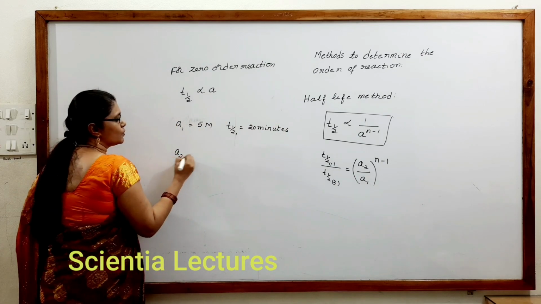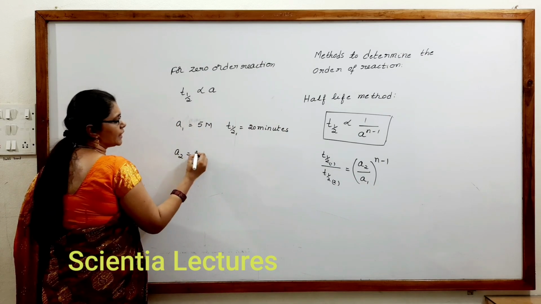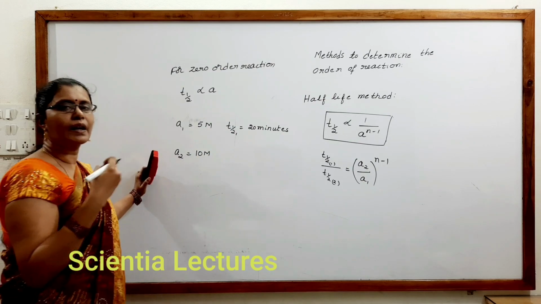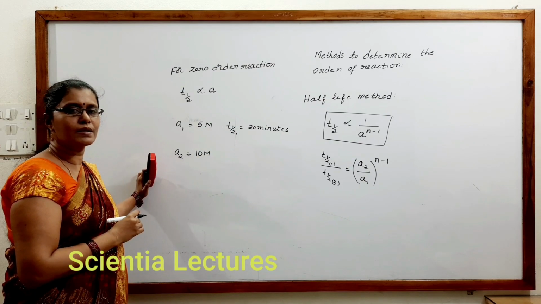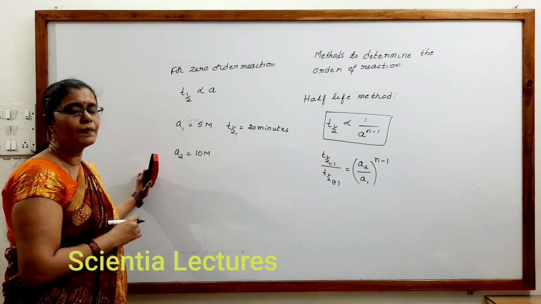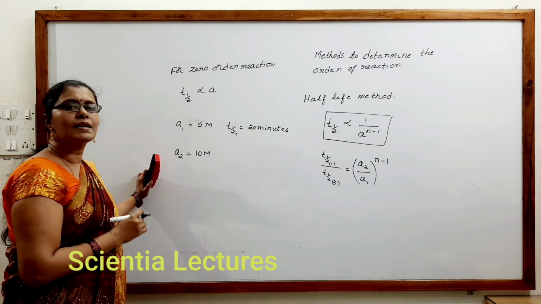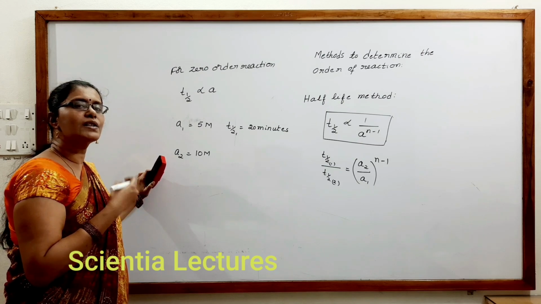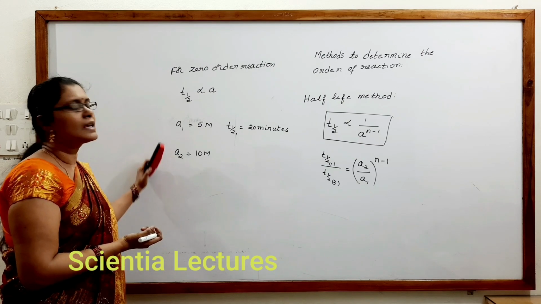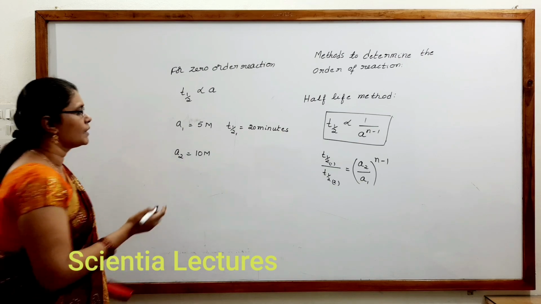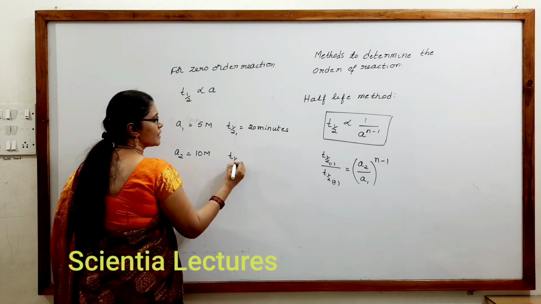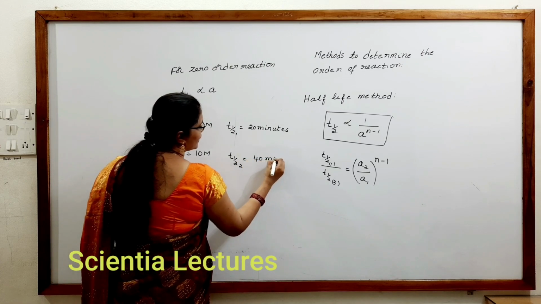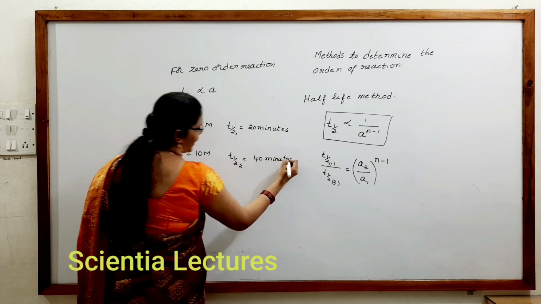And if A2, the concentration, is doubled, we will see what kind of question could be asked. Initial concentration is 5 M, its T half 1 is 20 minutes. When its initial concentration is doubled, 5 M becomes 10 M, then its T half 2 becomes 40 minutes. Then what is the order of reaction?